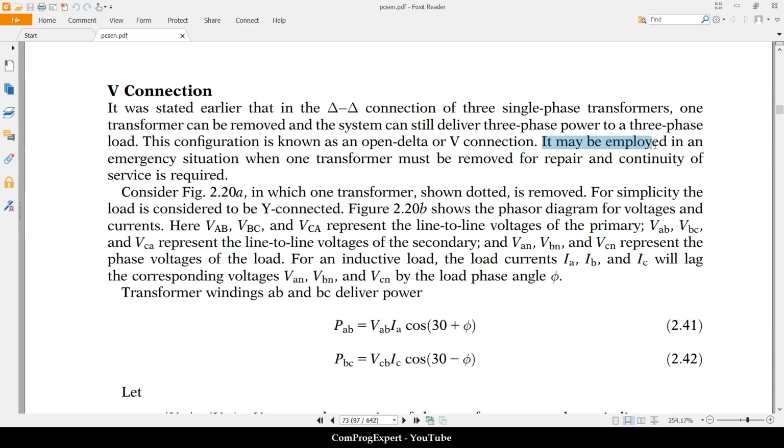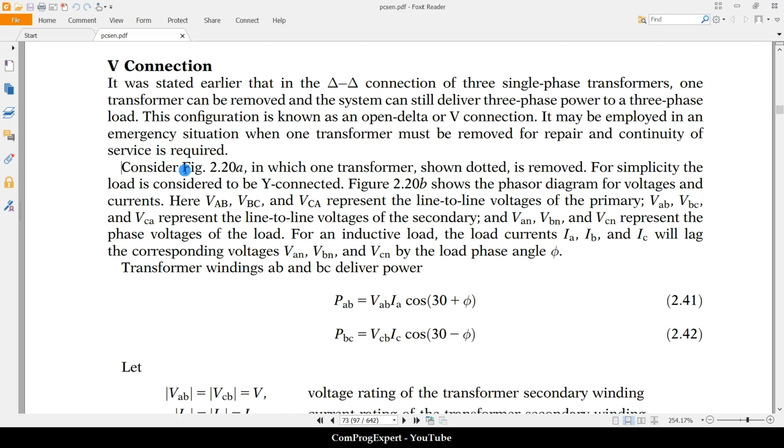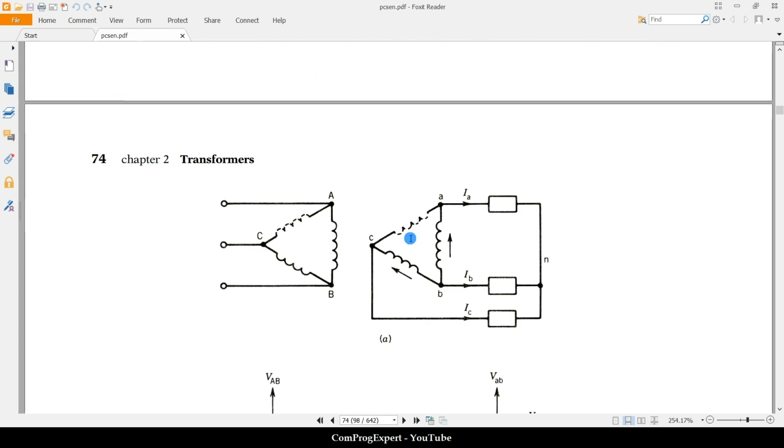It may be employed in an emergency situation when one transformer must be removed for repair and continuity of service is required. Consider figure 20A, in which one transformer shown dotted is removed. For simplicity, the load is connected in the Y configuration.